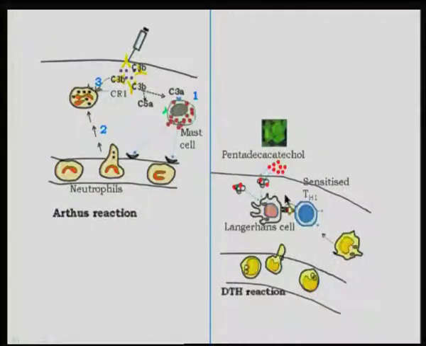The type of cytokines secreted in these two instances would be different, and the Arthus reaction also engages mast cells for this inflammatory reaction. In case of delayed type hypersensitive reaction, it is totally by Th1 cells, the delayed type hypersensitive cells.